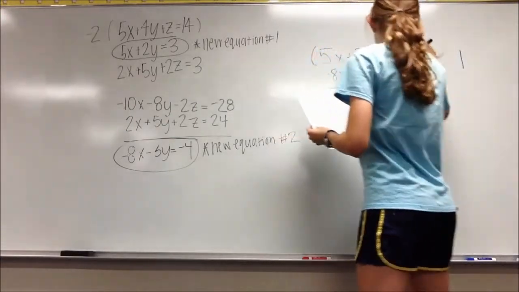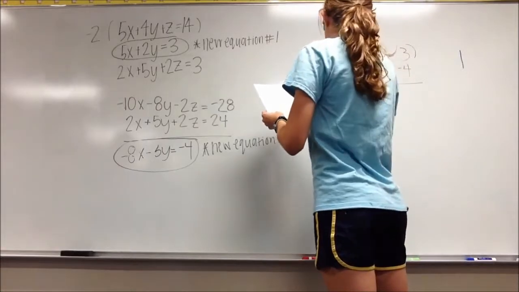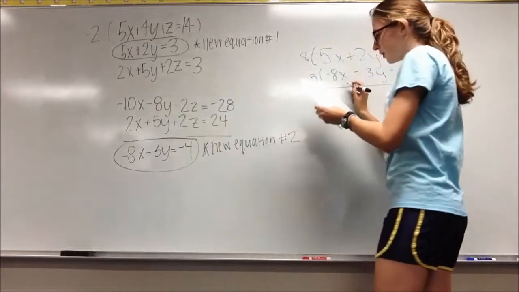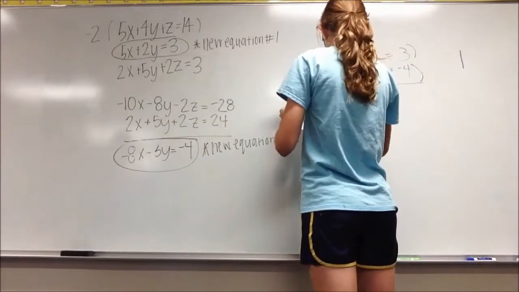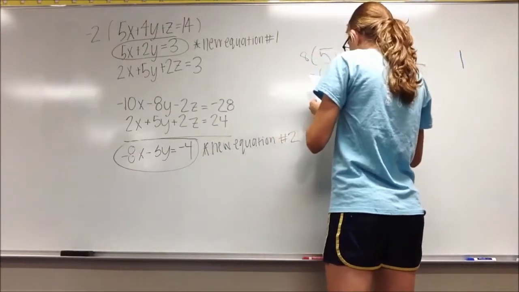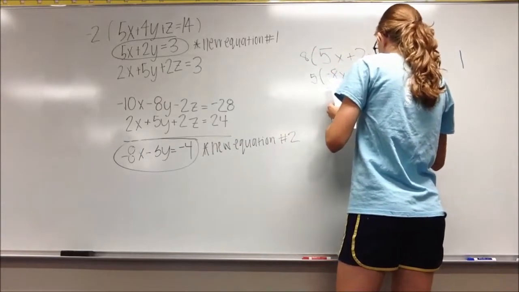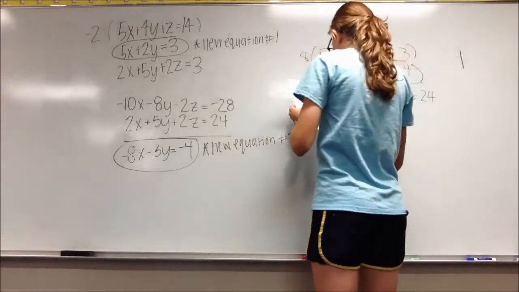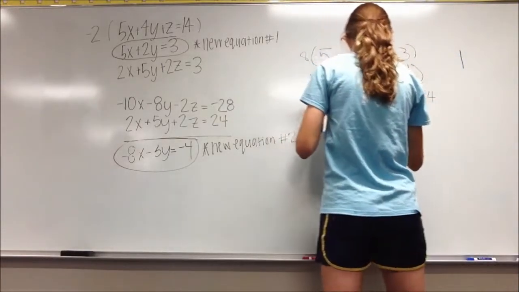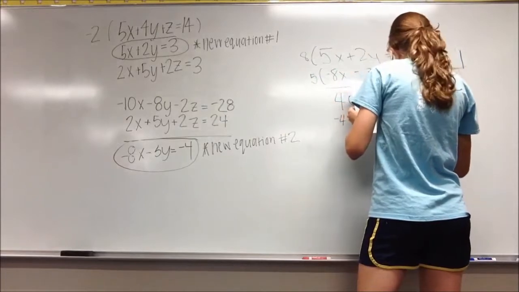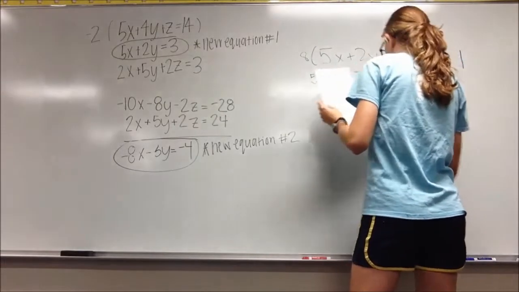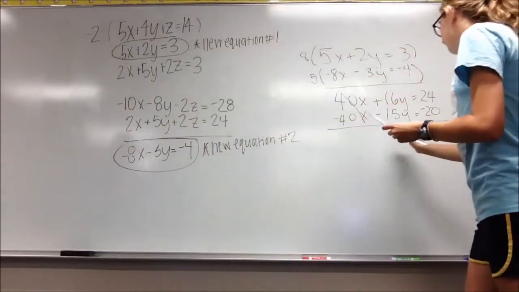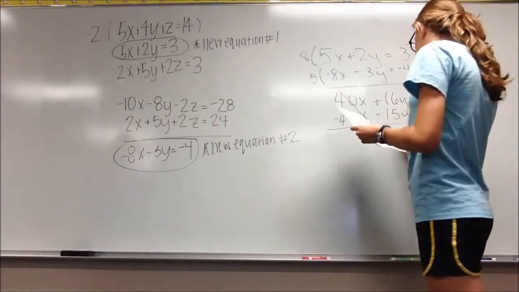You are going to take the top one and times it by 8 and take the bottom one and times it by 5 so that the x's cancel, which will give you 40x plus 16y equals 24, and negative 40x minus 15y equals negative 20. Then you cancel out the x's and subtract, so y equals 4.